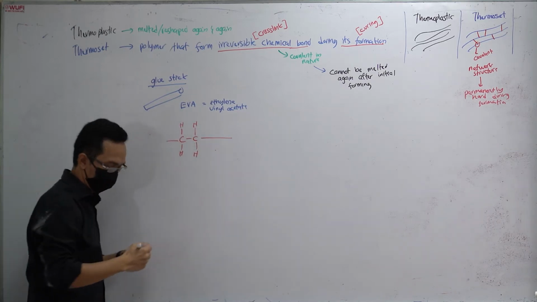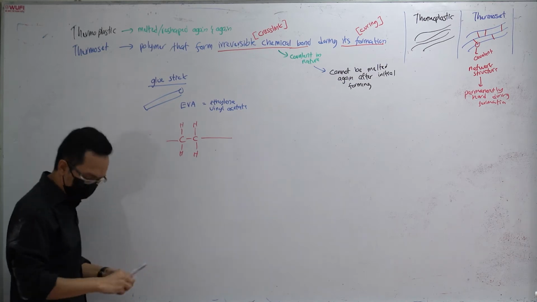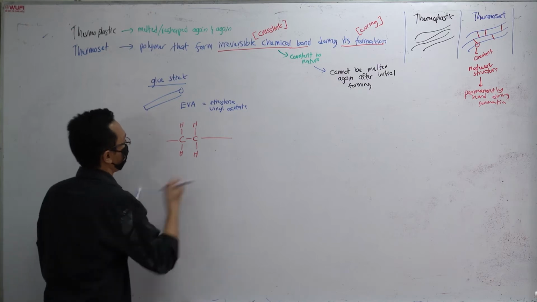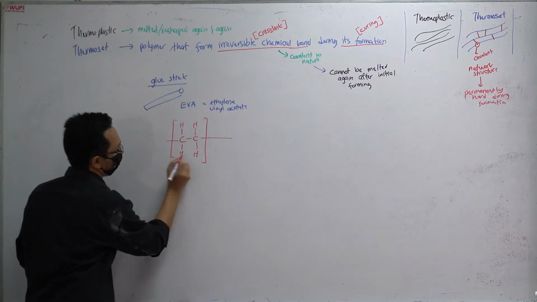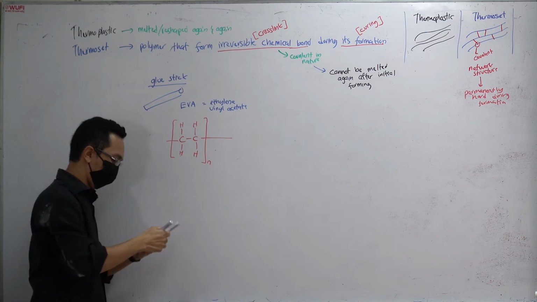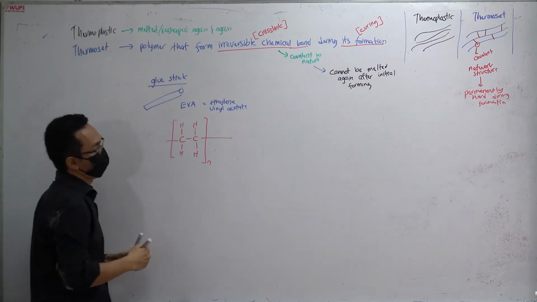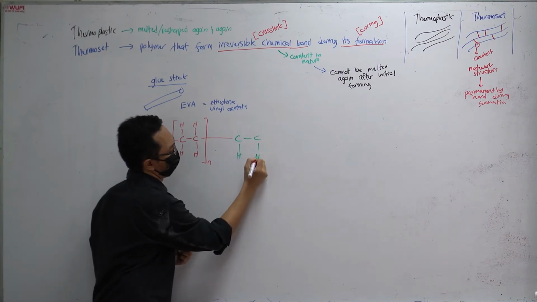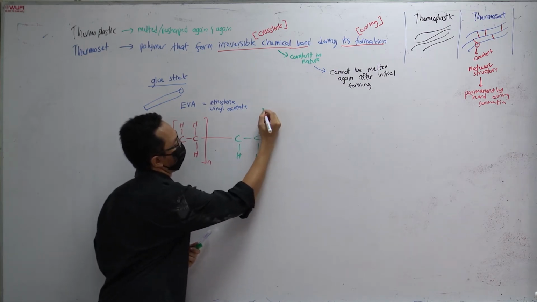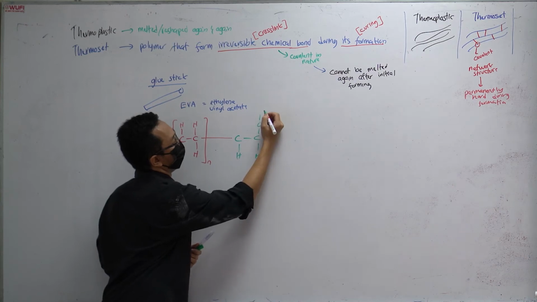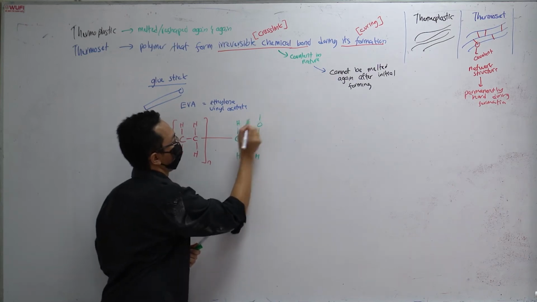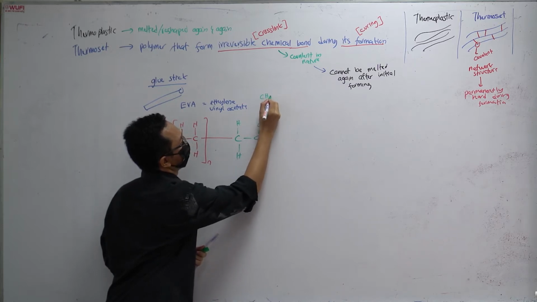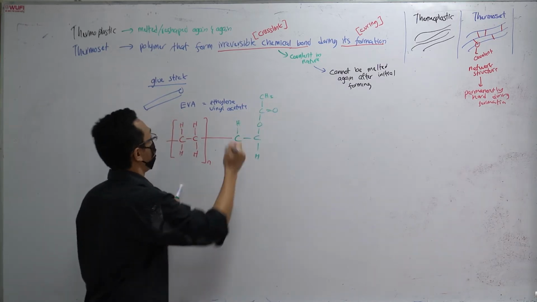And then the vinyl acetate part is this: C, C, H, H, the O, and then this is CO, and then CH3.